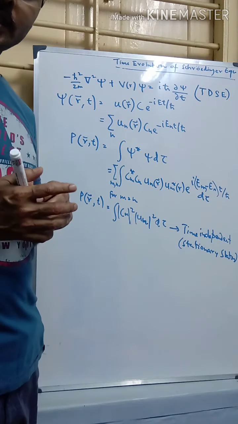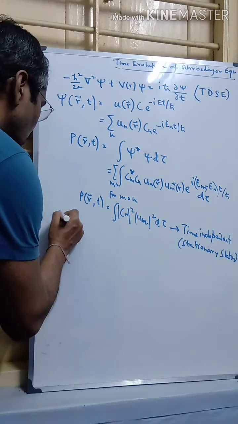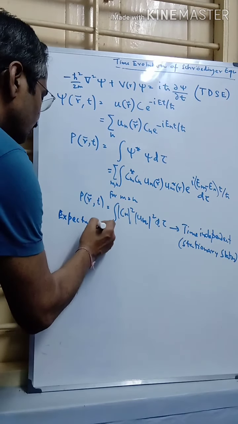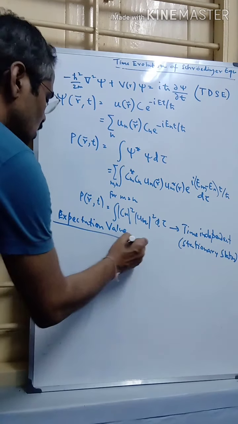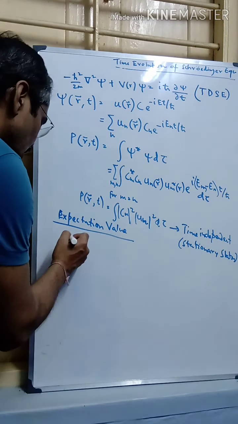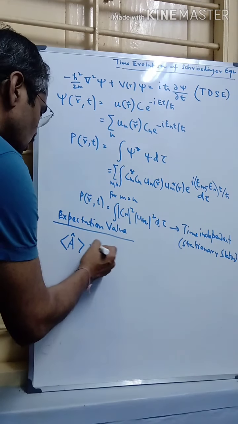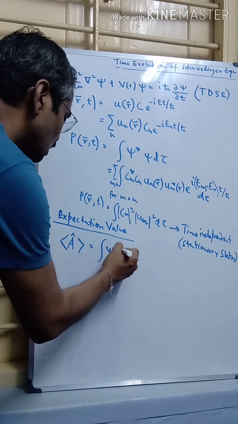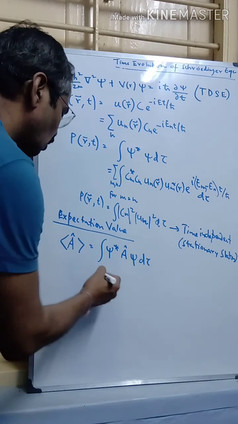Now, what about the expectation value of an operator? So if we now talk about the expectation value of an operator for stationary states. In this particular case, say I have an operator A. I want to find the expectation value for a normalized wave function. I can always write this as the integral of psi star A cap psi d tau.